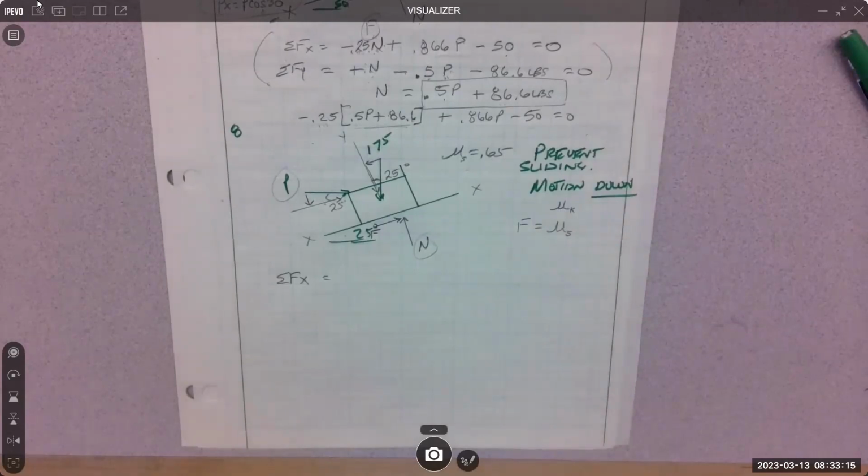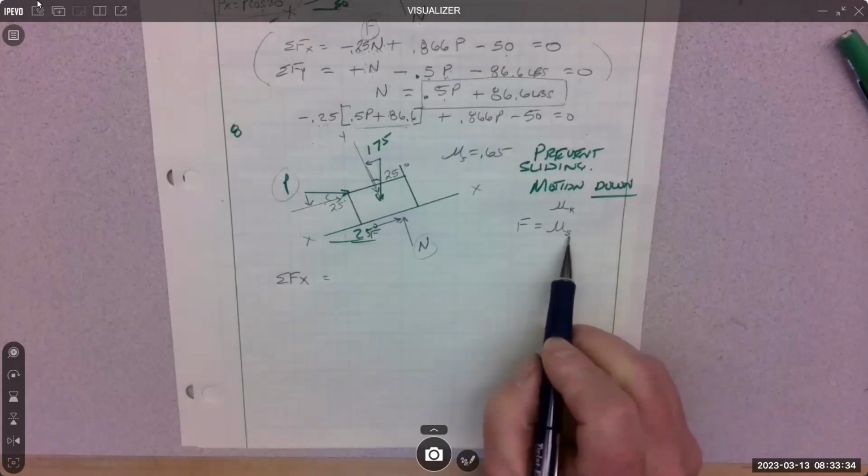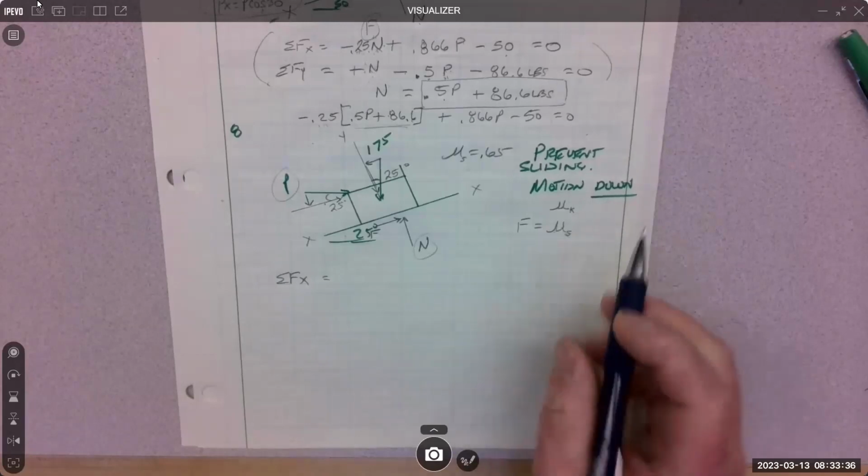Once something starts to slide, the friction goes down. If you've ever slid anything, a box or a table or a fridge, to get it to move takes more load. Once it's moving, it takes less load to keep it moving. So this stands for static coefficient.